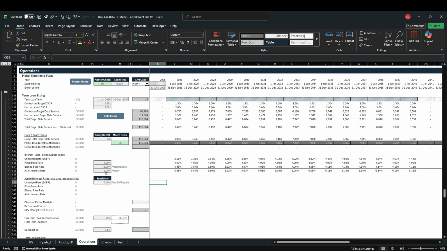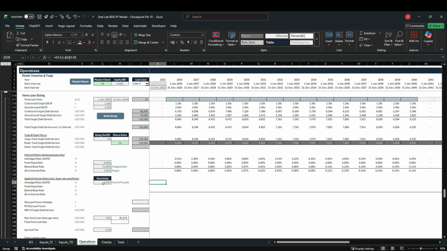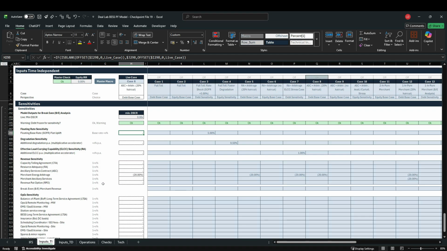So let's hop into row 538, and that is going to be equal to our unhedged SOFR rate in 532 plus our SOFR uplift in G538. Hit F4 once, hit enter, and that is coming from our inputs time independent sheet.